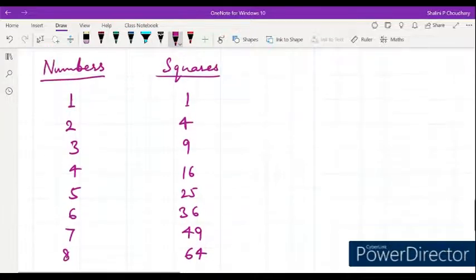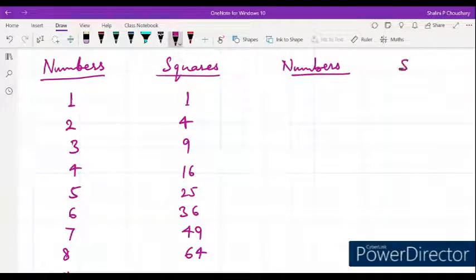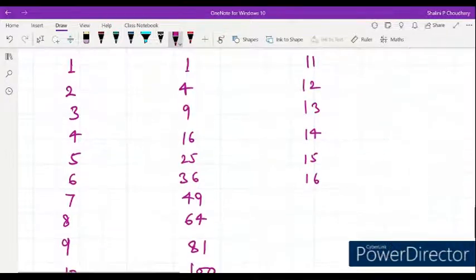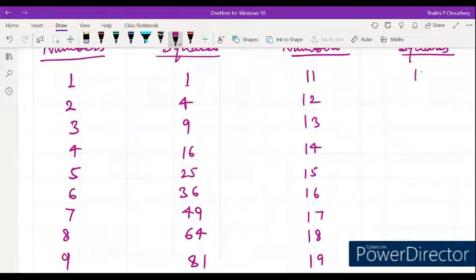Okay, similarly we'll write some more numbers and their squares. We write 11, 12, 13, 14, 15, 16, 17, 18, 19, and 20. What will be the square of 11? That is 121.